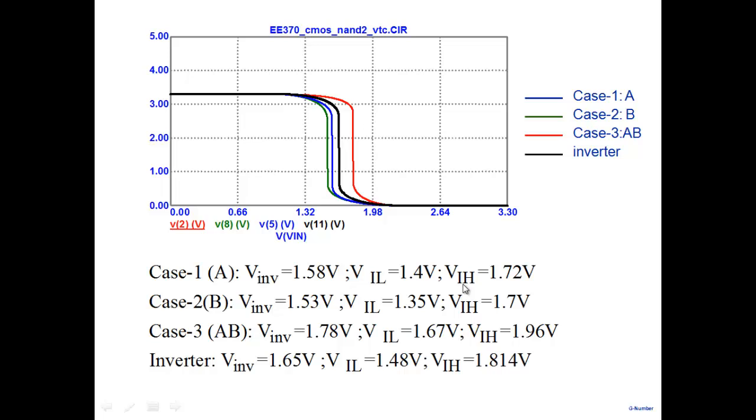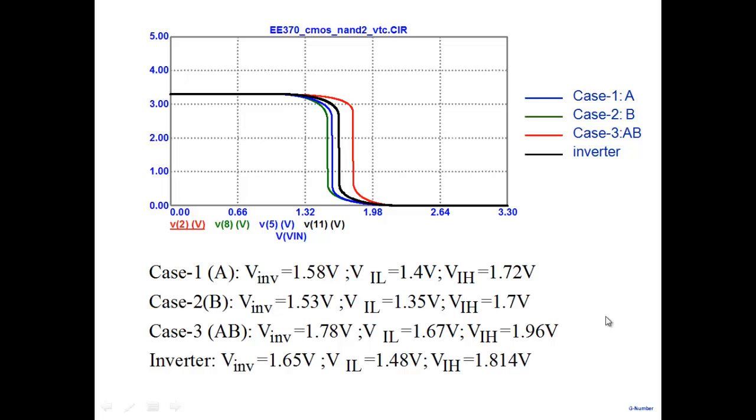We'll roughly take that particular value, but you can see here it's not exactly 0.15. If you compare VIL and V inverter, it's 0.18, and if you compare 1.72 versus V inverter, it's also not exactly that. But for a quick calculation, the shift is roughly between 0.1 and 0.2. So we'll take some average of 0.15.